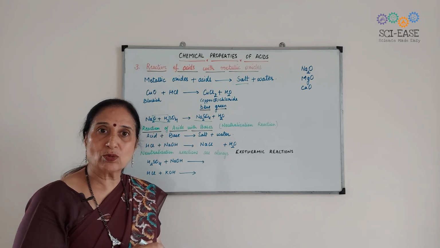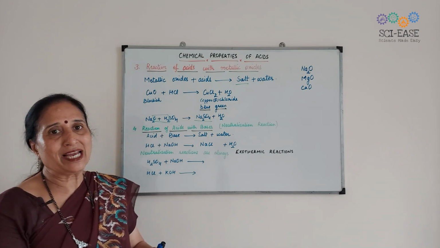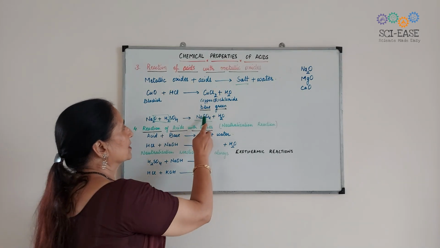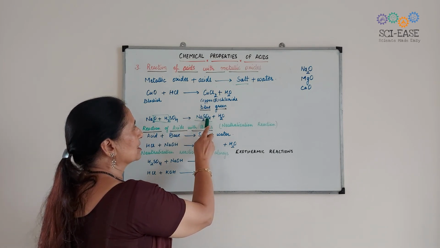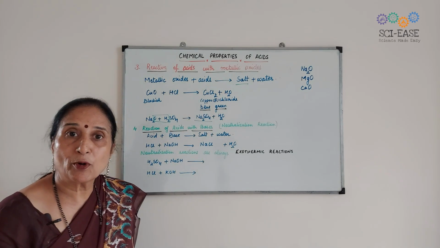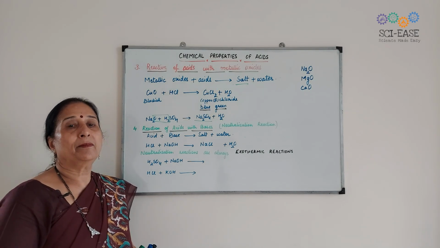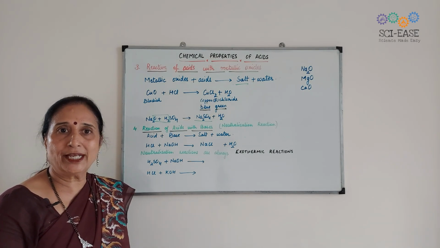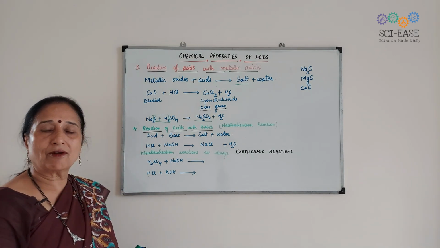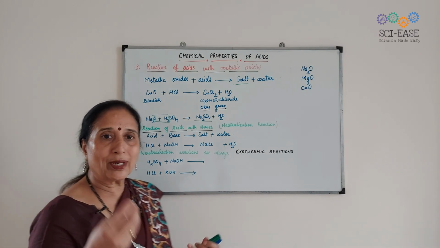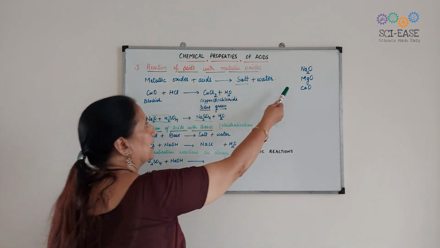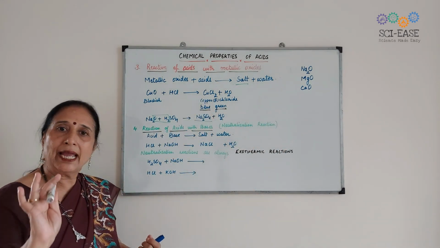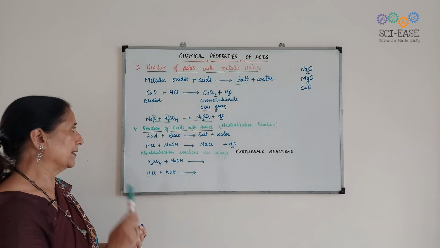You know that sodium has valency 1, sulfate has -2. So this 2 will come here: Na2SO4, sodium sulfate plus water will be the products when the metallic oxide of sodium reacts with sulfuric acid. You can take any other metallic oxide also. You can take MgO or CaO, any oxide you can take.